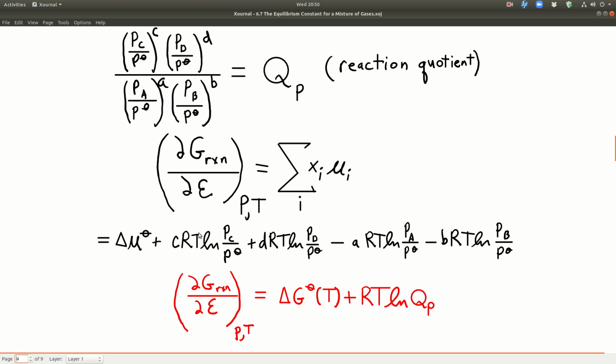If we collect the natural log terms, we can write it as natural log of Q sub P. We get this very useful equation right here. It says partial G with respect to extent, constant pressure and temperature, is equal to delta G under standard conditions, which is a function of temperature only, plus RT natural log of the reaction quotient. Real useful equation.